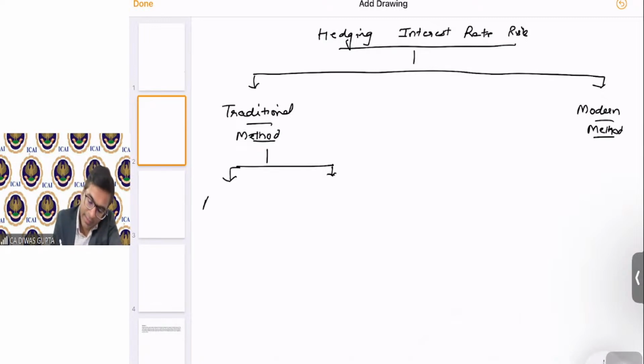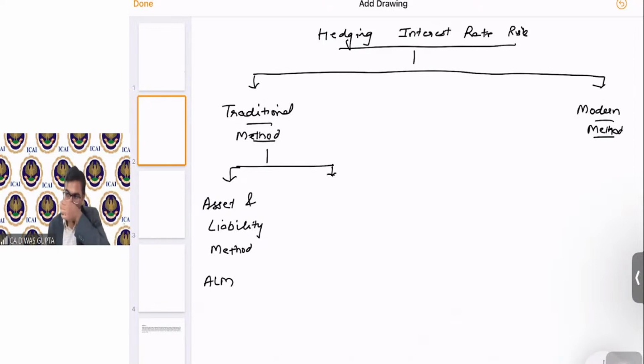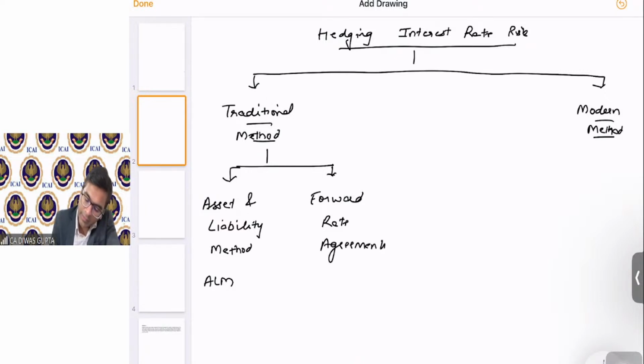The first method is the asset and liability method, which is also called the ALM method. And second is forward rate agreements. This is called FRA, forward rate agreements.